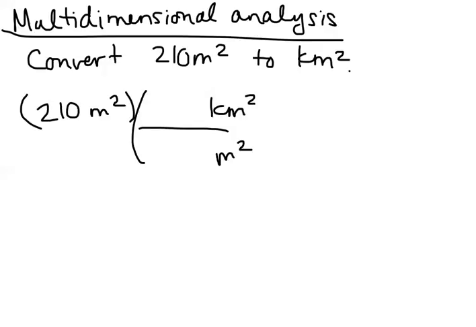When both units are squared, you can pull that square out of the parentheses and then write in your conversion factor, and that just means that we will square the conversion factor. So we're going to put 1 kilometer over 1,000 meters. Now this means that what you're going to put into your calculator is 210 divided by 1,000 to the 2. Can everyone put that into their calculator and see what they get?